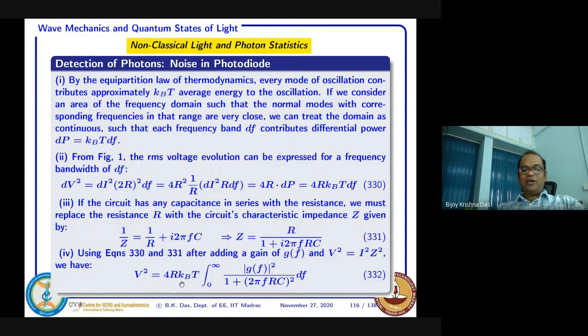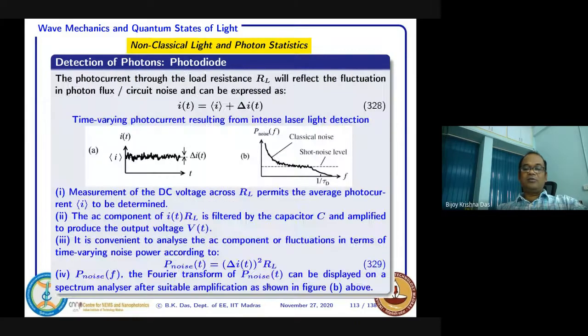And if you consider a constant gain and look at this power as a function of frequency, you see the 1 over 2 pi f C square term. R and C you can consider constant, and as you increase f, the noise reduces.